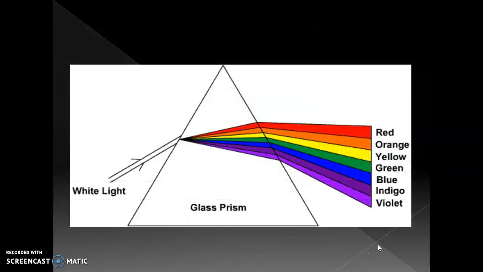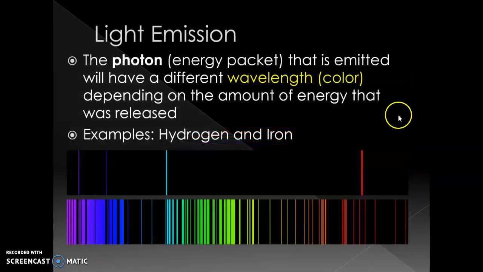Think about light, for instance. White light is actually made up of many different colors of light, and if you were to split that light with a glass prism, it would show the colors in the rainbow. You've heard about this in your previous science classes. Flame tests can be used to identify certain elements, certain metals, because it's like a fingerprint for the atom.